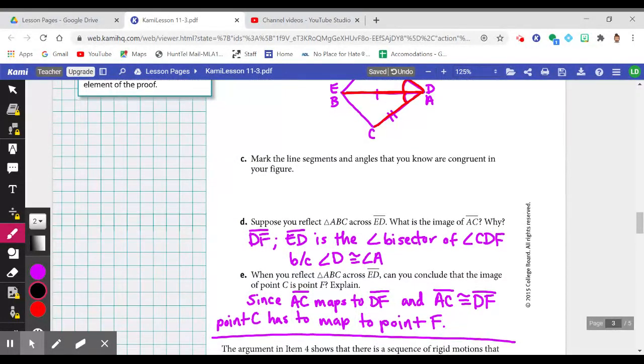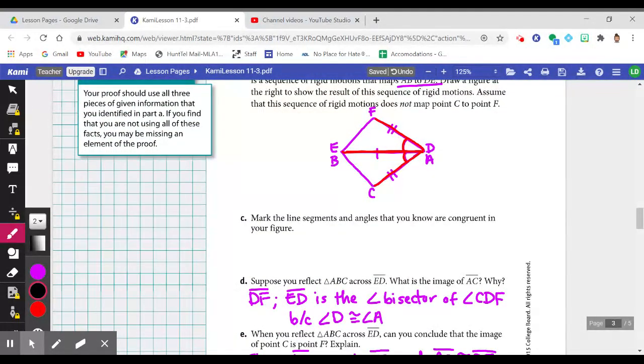E then says, when you reflect triangle ABC across ED, can you conclude that the image of point C is point F? Well, since line segment AC maps to DF and AC is congruent to DF, point C has to map to point F. We know that the distance from C to A is the same distance as F to D. That's what these marks mean.